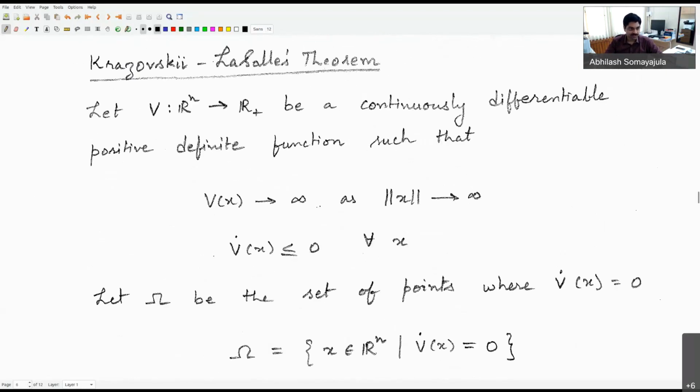So this Krasovskii-LaSalle theorem continues on the same process, that we have a V which is continuously differentiable such that V tends to infinity as the norm of x goes to infinity, and V dot of x is less than or equal to 0, which means it is negative semi-definite for all x.